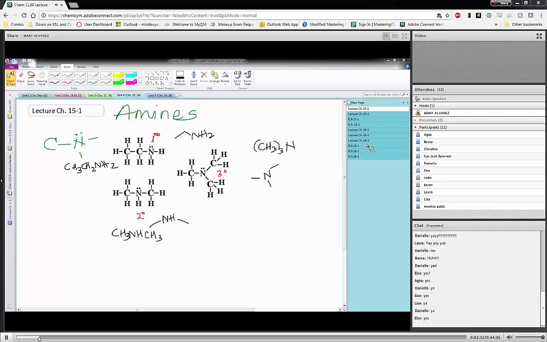Okay. Just one note when we're looking at saturation: because a nitrogen makes three bonds, it picks up an extra hydrogen. This formula has, say, C2H7N. Every nitrogen brings with it an extra hydrogen.